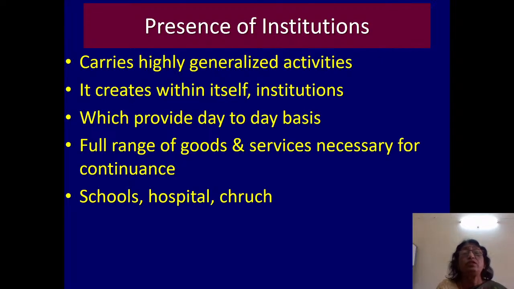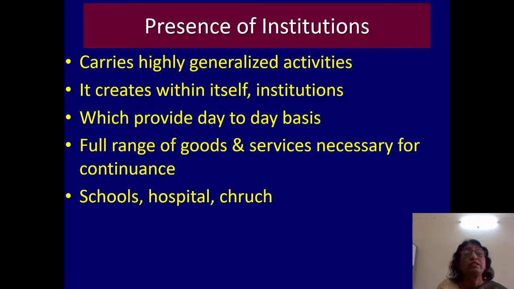So, presence of institutions. An institution carries highly generalized activities, as I told you before, or what the institution means. Like marriage is an institution, and the people create the society within itself.